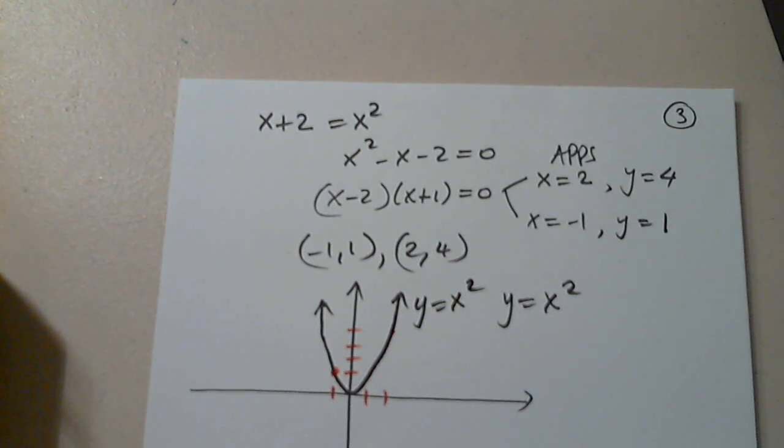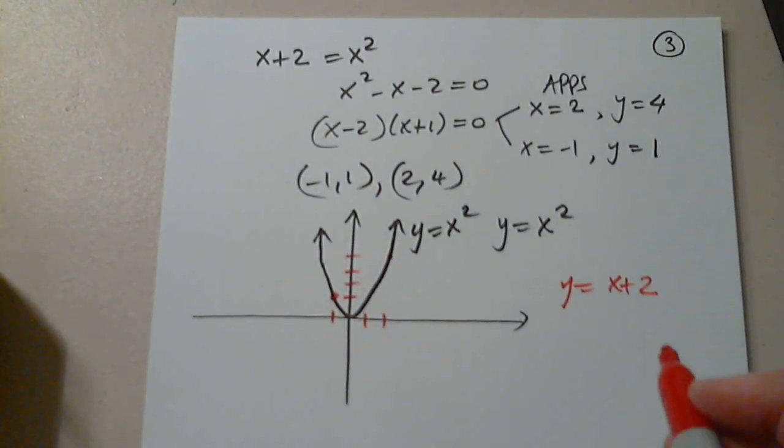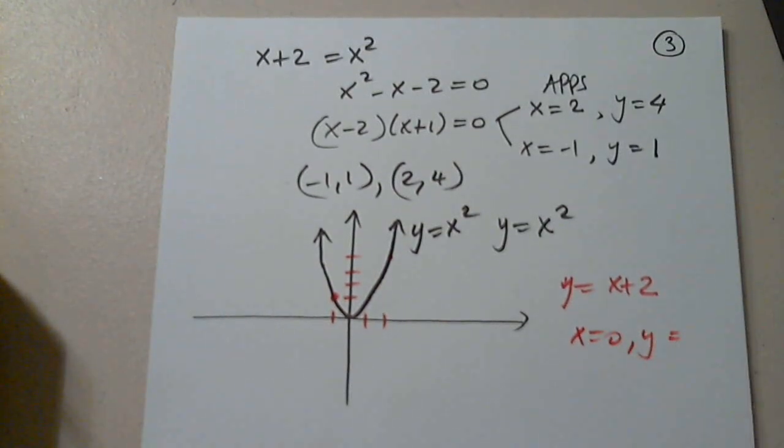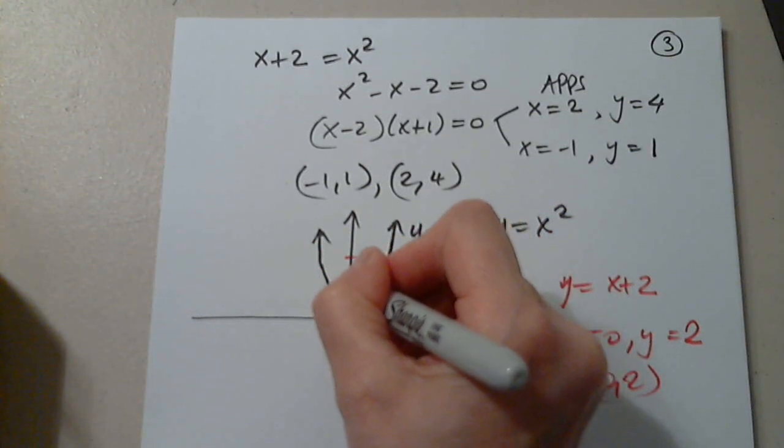Now, in order to graph y equals x plus 2, anyone remembers which points are required when we graph a line? The x and y intercepts. So when x is 0, how much is y? Very good. So 0, 2 is the first point. So here it is.